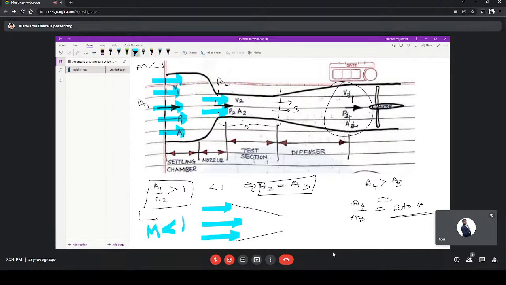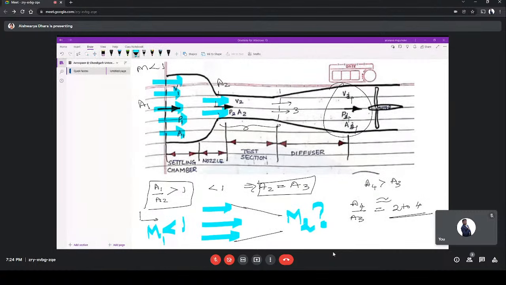If the flow enters section 1 with Mach less than 1, what is going to be the Mach 2? Whether, as compared with Mach 1, it will increase or decrease.